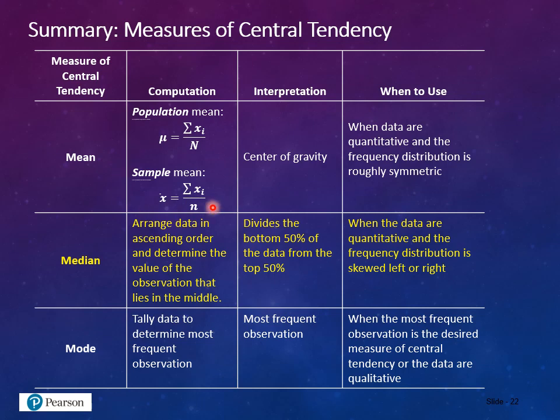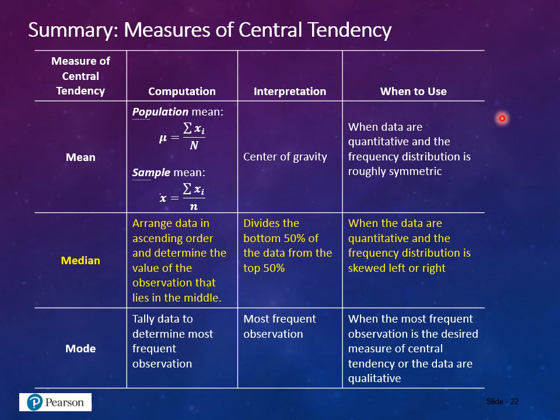And then if we had a sample study, a smaller sample of the population, then we calculated a sample mean. Again, we're summing up in the numerator all of the observations and then dividing, in this case, by the total number of samples that we had or took or observed. Okay.